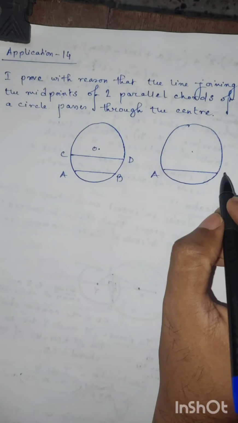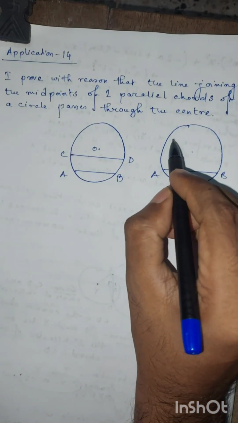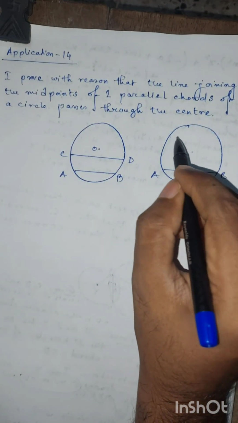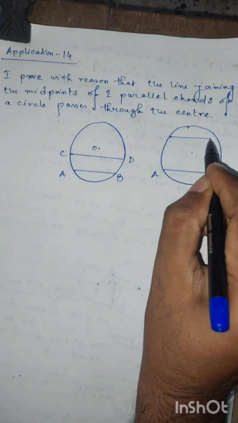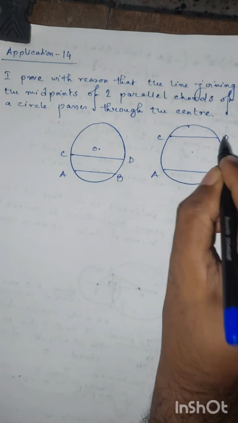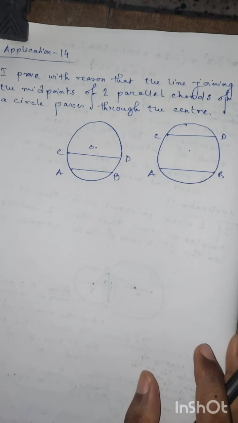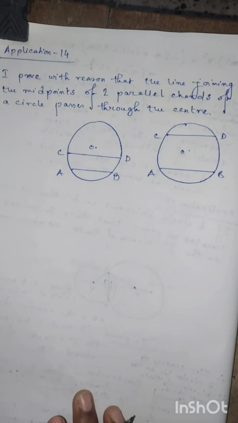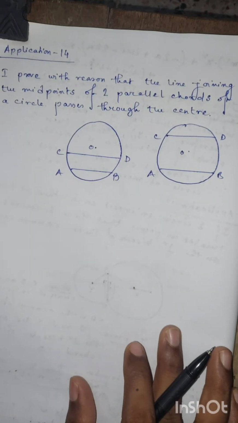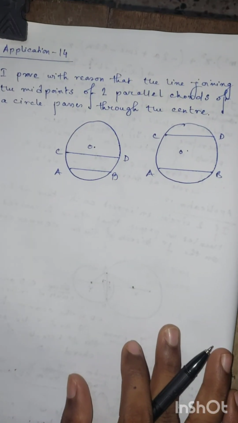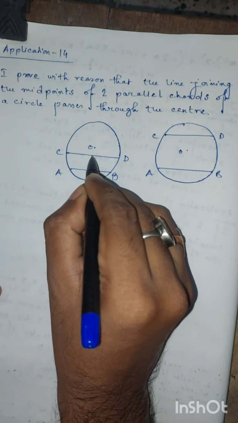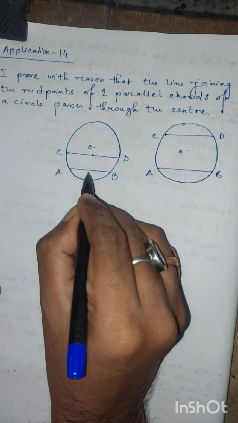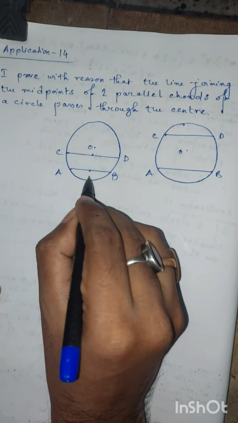Two chords are at opposite sides. So these are the two scenarios. Now let us assume the midpoint of CD and the midpoint of AB is PQ.